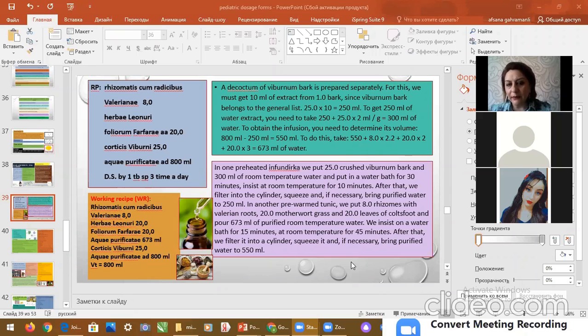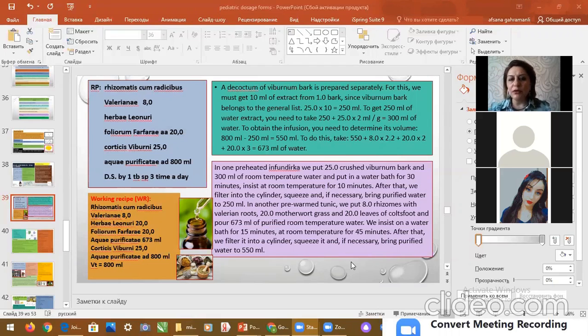In another pre-warmed tunica or infundirka, we put 8 gram of rhizomes with valerian roots and 20 motherwort grass and 20 leaves of coltsfoot, and pour 673 ml of purified room temperature water.